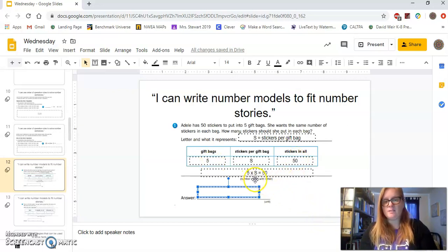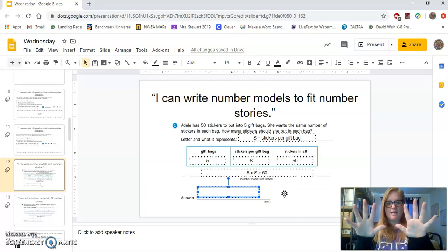I think what I want to do, and I think the fastest way to do it, would be to skip count by 5s to get to 50 and see how many times I had to skip count by 5 to get to 50. So count with me. 5, 10, 15, 20, 25, 30, 35, 40, 45, 50.